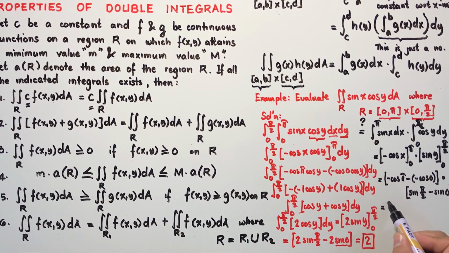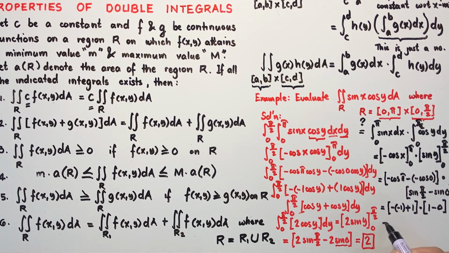The cosine of pi is negative 1. And the negative of the negative is positive. But the cosine of 0 is 1. And this will be multiplied by the sine of pi over 2. And the sine of pi over 2 is 1, but the sine of 0 is 0.